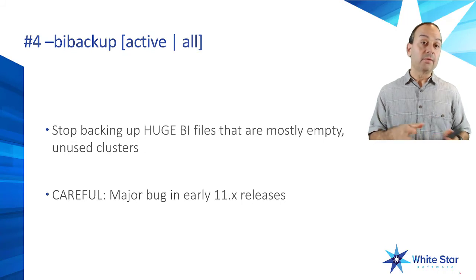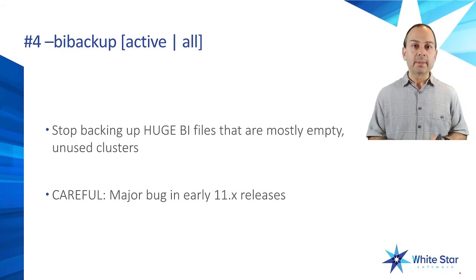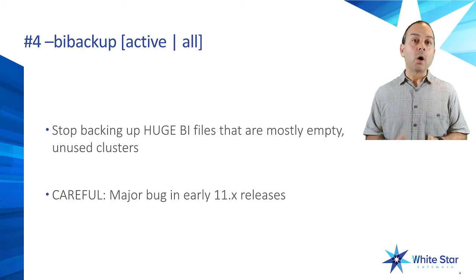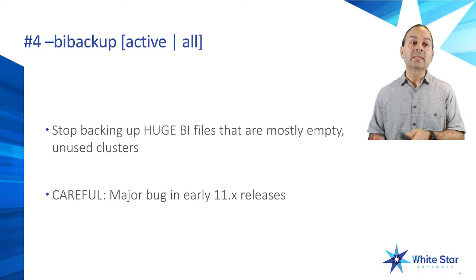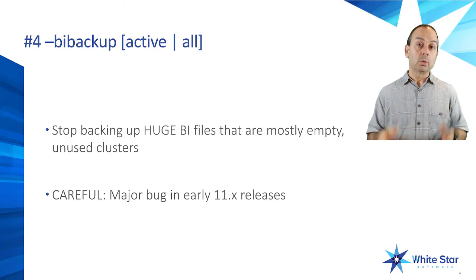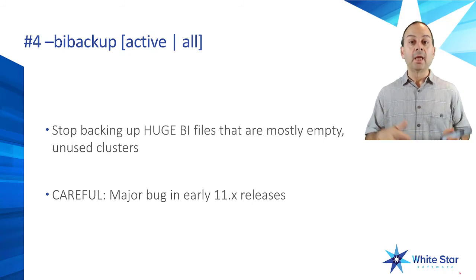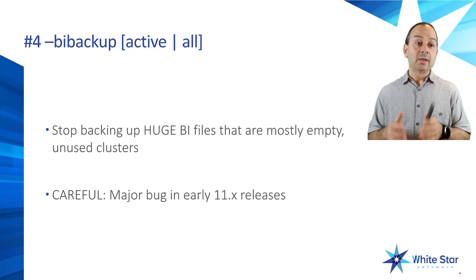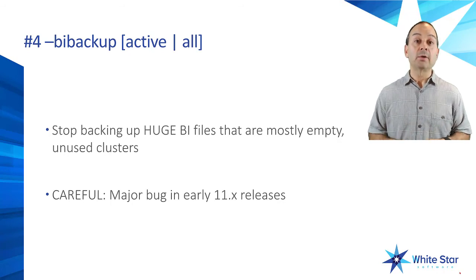And the workaround, if you're running 11.4, I think it's up until 11.4, it's fixed in 11.5, is to do BI backup all. So either upgrade Progress or make sure that you're backing up the entire BI file, which is the old functionality, until you put in the patch that fixes that bug. So watch out for that if you're running 11.1, 2, 3, 4 before this bug was fixed.